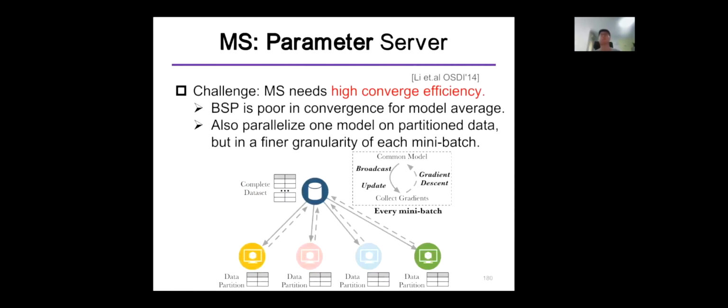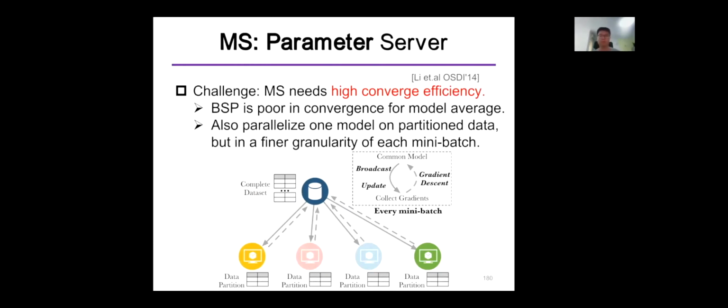To address this convergence challenge, the parameter server is proposed. It can be taken as a fine-grained version of BSP, which also runs each configuration in parallel. The difference is that the worker nodes send the updated gradients when each mini-batch is finished and then pull the latest model from the master node.